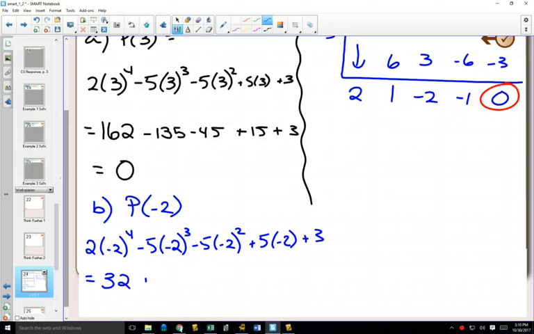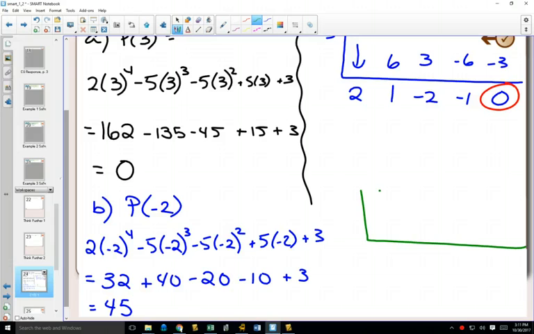Negative 8 times 5 plus 40. 4 times the negative 5, minus 20, minus 10, plus 3 equals 45. Oh, I see that. 42 plus 3. Now, let's look at our synthetic division.